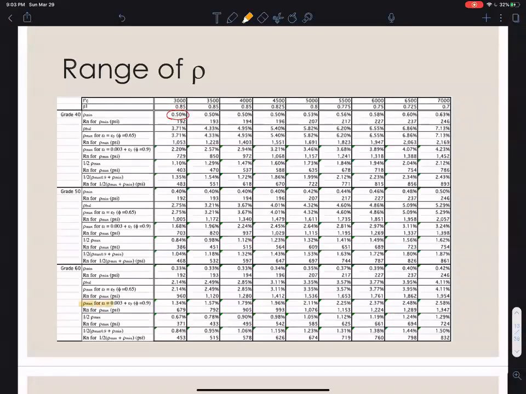So I'm not going to use the rho that goes all the way down to rho balanced. I'm going to use the one that gives a strain of 0.005 at the bottom. And that highest rho is 2.58%. So practically, you would not go outside of this likely. And typically we're shooting here at about 1%. This is the one we often use.